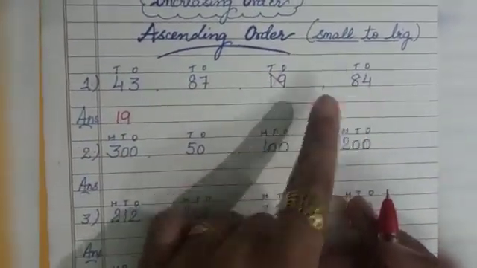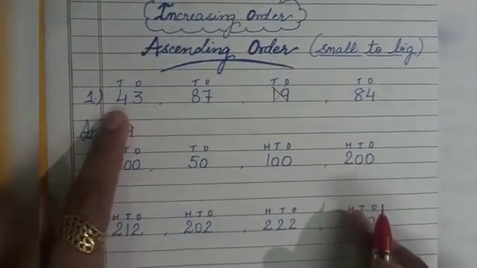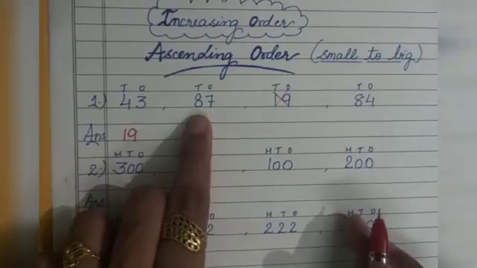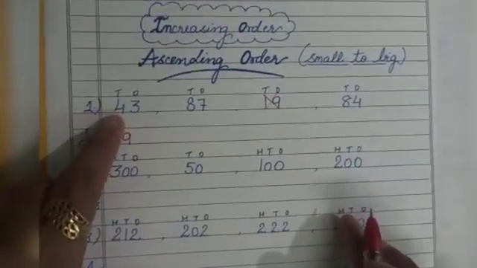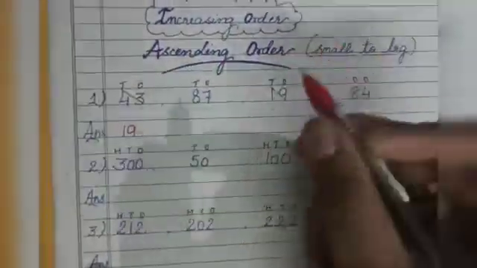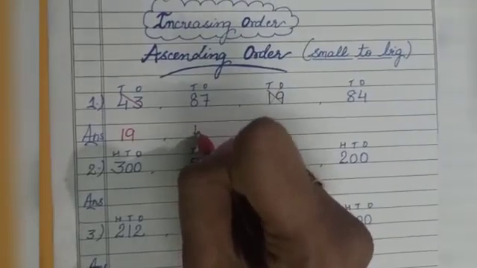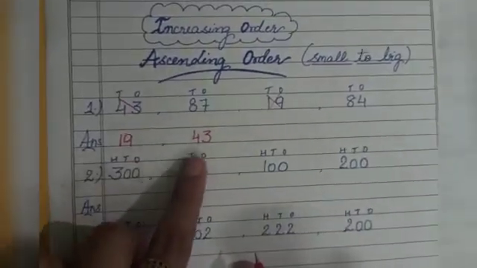Again I'll see the tens value, that is 4, over here it's 8, then again 8. So no doubt this one is the smaller one. So I'll cross it over here and I'll write 43. I'm using another ink to highlight the answer.